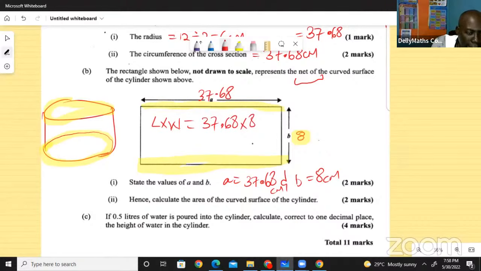You just multiply normally, don't think of anything extraordinary, and you will get 301.44. That is the area of the curved surface, which was that thing that we looked at.